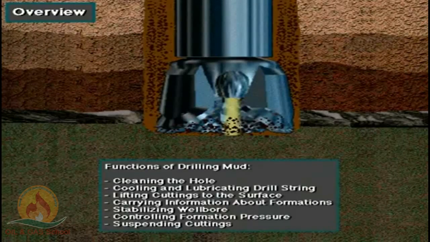For example, mud cleans the hole, cools and lubricates the bit and the drill string, lifts cuttings to the surface, carries information about the formations being drilled, stabilizes the wellbore, controls formation pressure, and suspends cuttings when pumping stops.